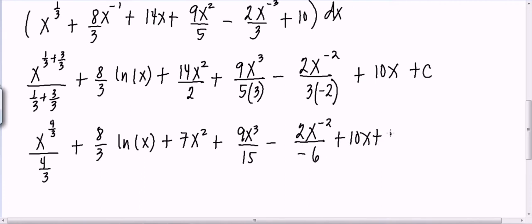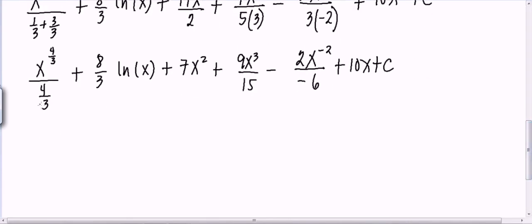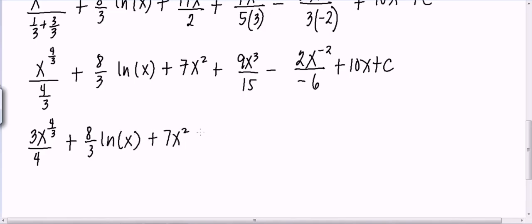Plus 10x plus c. Okay? So, ayusin lang natin. So, itong 3, 4/3, reciprocal niyan is 3 over 4. So, mamumultiply siya dito. So, magiging 3x raised to 4/3, okay, over 4, okay, plus 8/3 ln x plus 7x squared plus, so 9 and 15 are both divisible by 3. So, pwede natin masimplify yan to 3x cubed over 5.